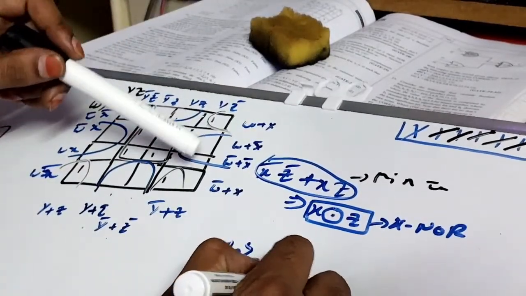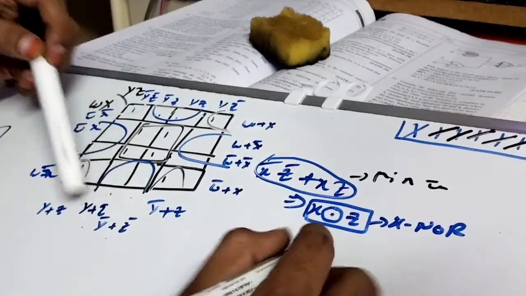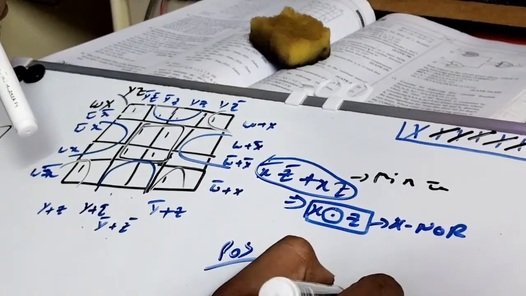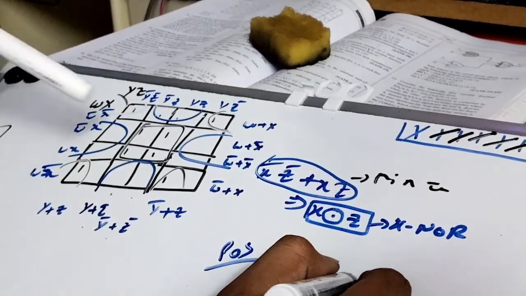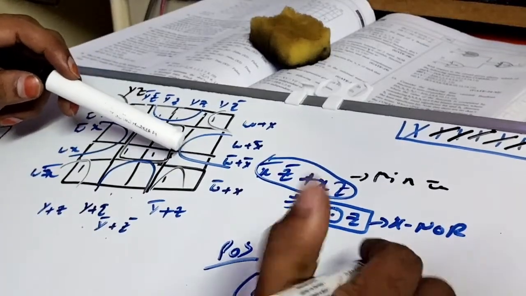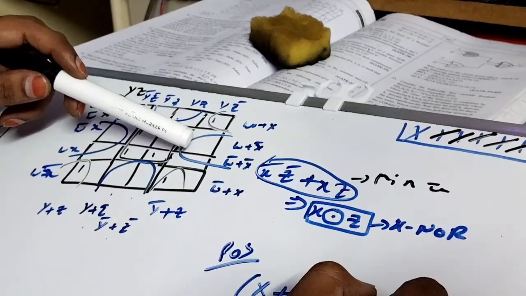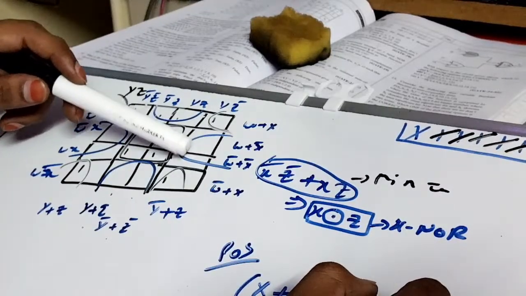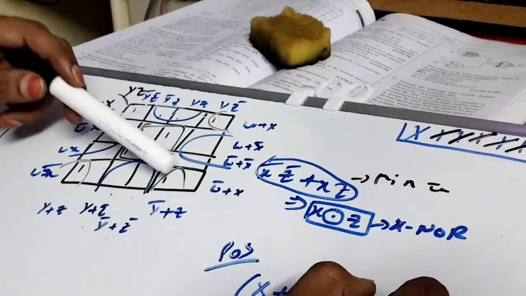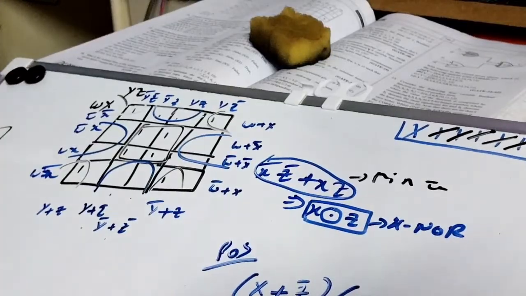X and plus, that is two. Z bar. X bar is 1 plus Z is nothing.